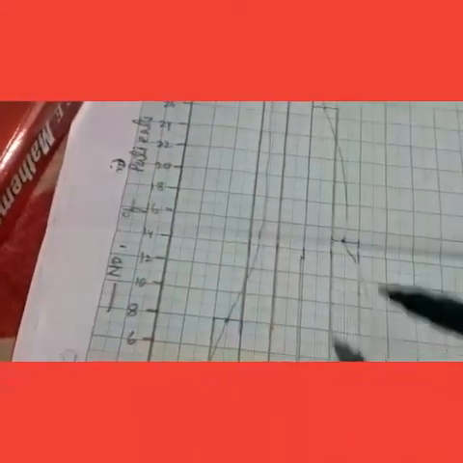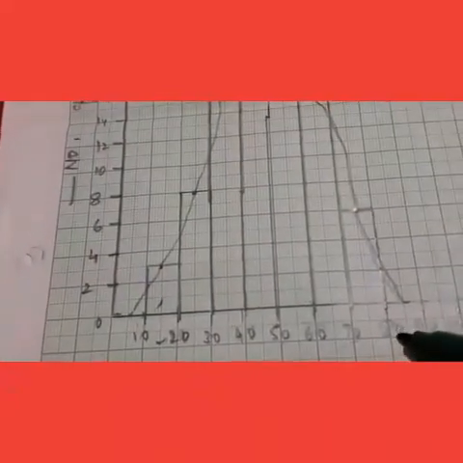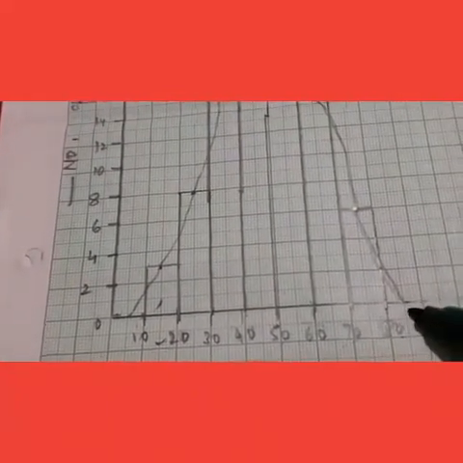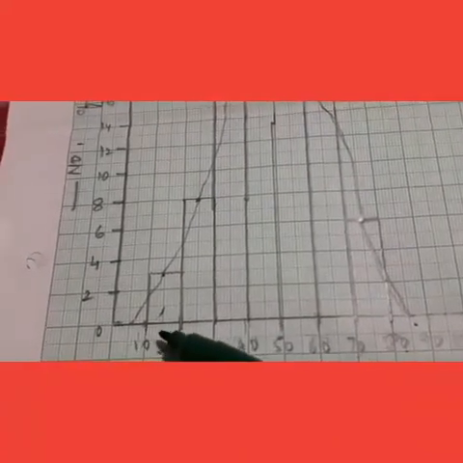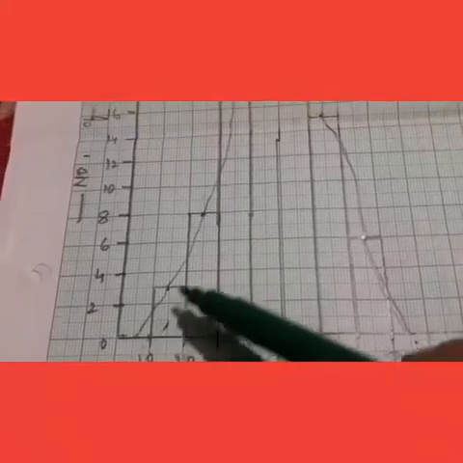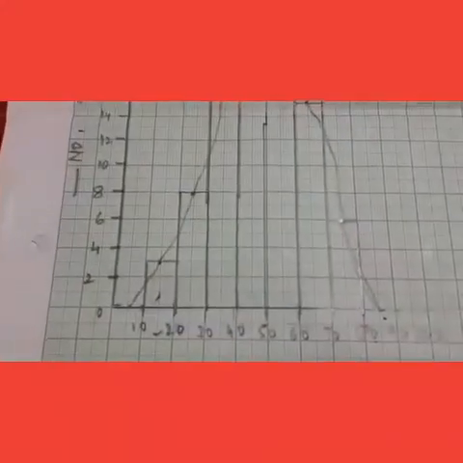In this way we mark all the midpoints, and at last the midpoint of 80 and 90 with 0 frequency. Here also, for 0 to 10 the frequency is 0, and we join all the points to get the frequency polygon.